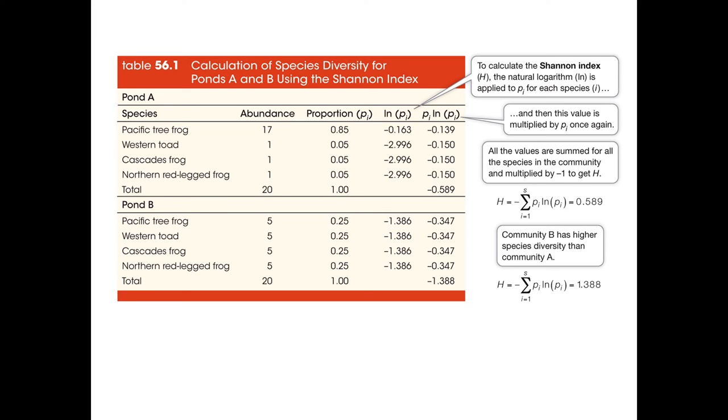I know you might be looking at this equation and thinking, oh my gosh, that looks complex. It's really not going to be that bad. We're going to go over the calculations and exactly how to do this in lab. I'm also happy to post an additional video walking through these calculations if you'd like me to.